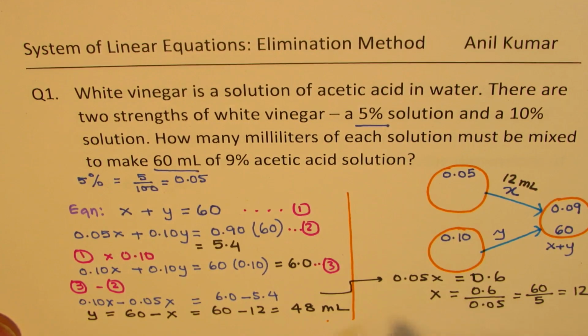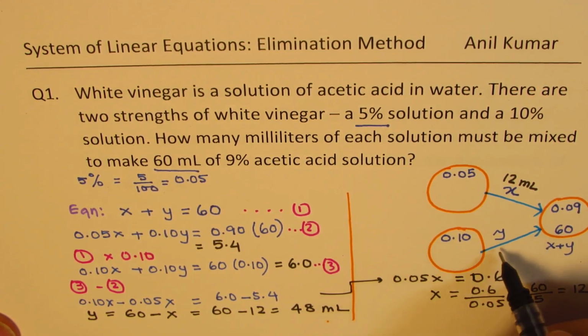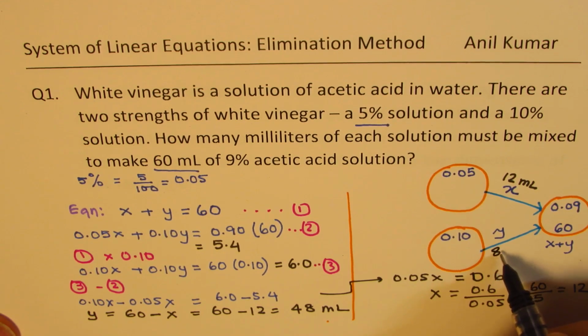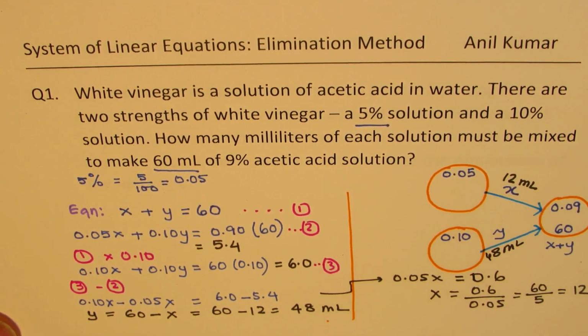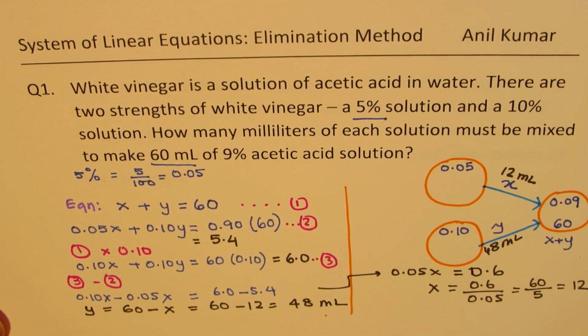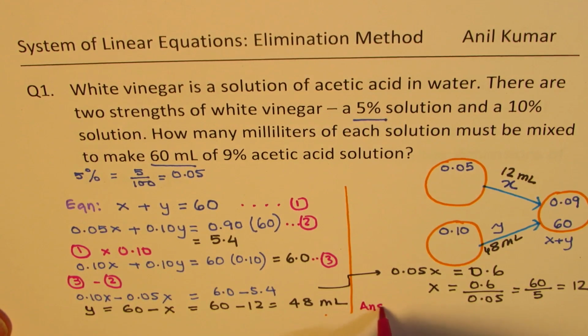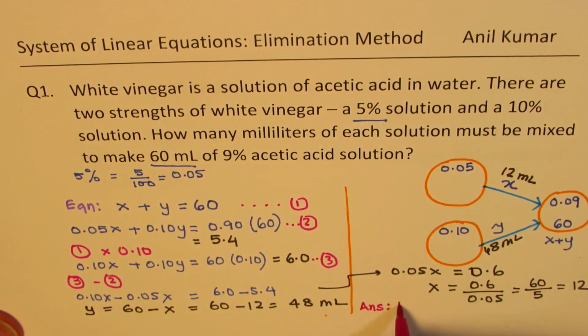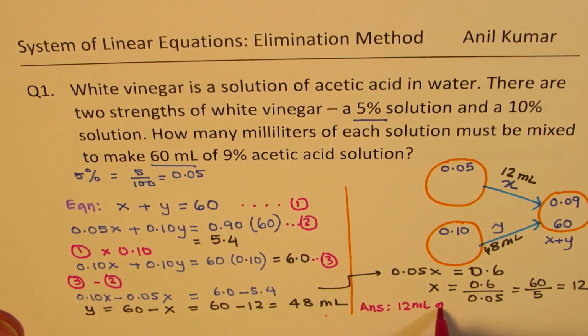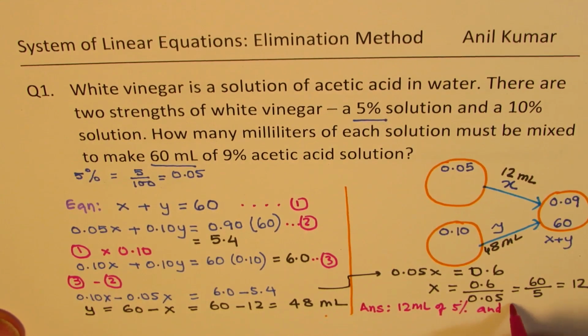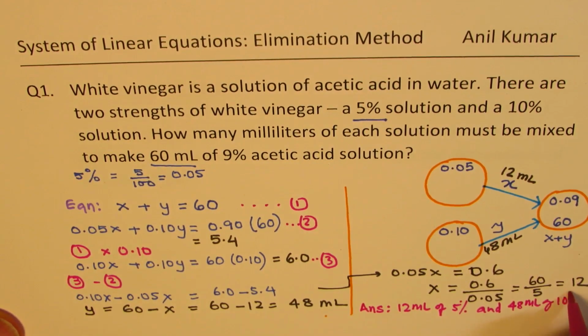So we can now write down our answer, which is we need 48 milliliters of y and 12 milliliters of x. So our answer here is we have 12 milliliters of 5% and 48 milliliters of 10% solution.